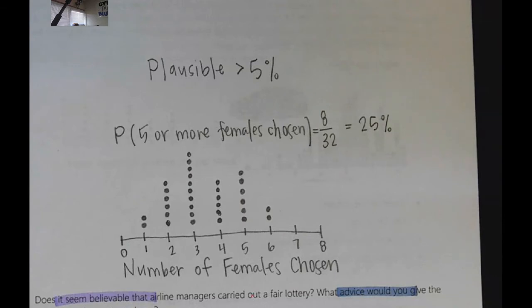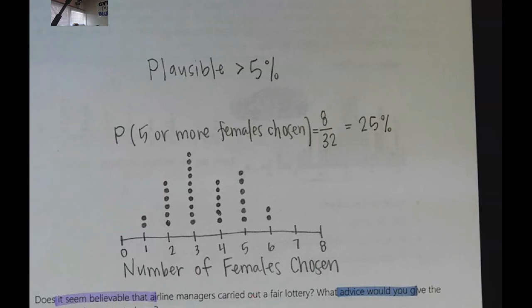And if 5% or more are the same, you say it's plausible. So we got way more than 5%. We got 25%. So that means that it is plausible that the managers would have chosen 5 or more females just by chance. Does that make sense?